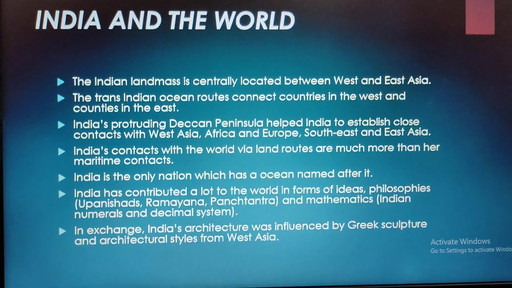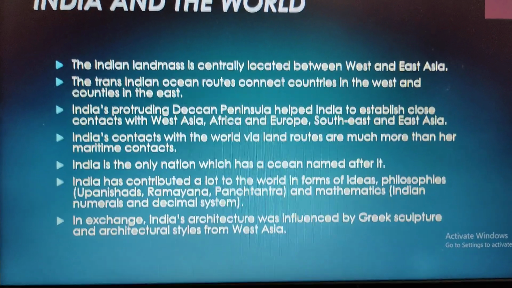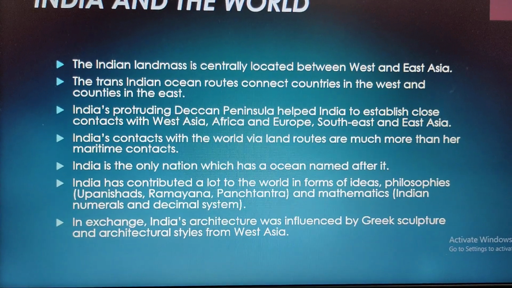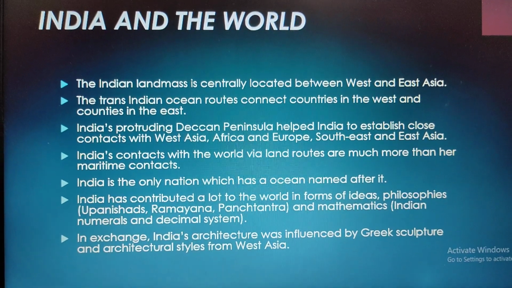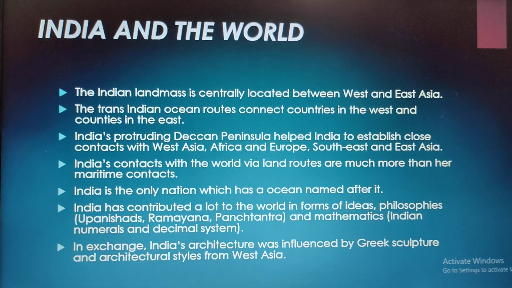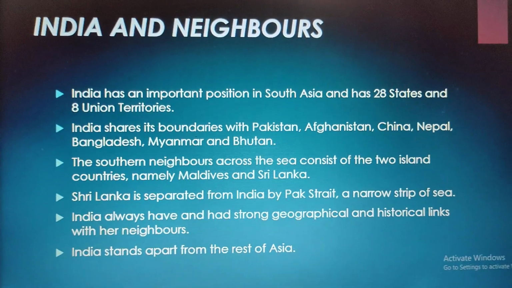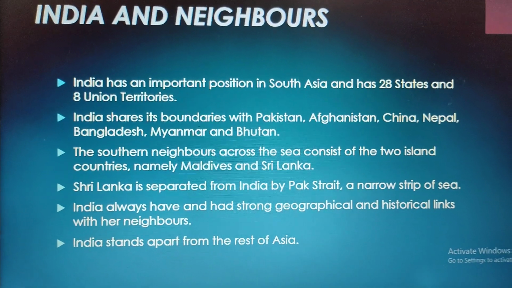India is the only nation which has an ocean named after it, that is the Indian Ocean. Now, India has contributed a lot to the world in the form of ideas, philosophies, Upanishads, Ramayana, and mathematics. We all know that. Now, India and neighbors, we have already discussed. India has 28 states and 8 union territories.